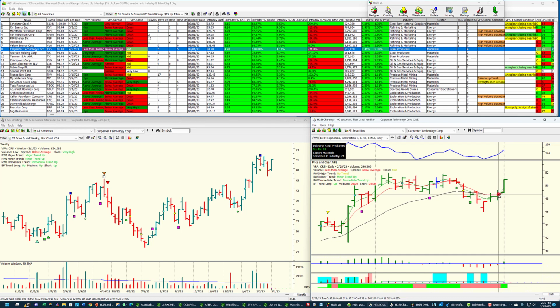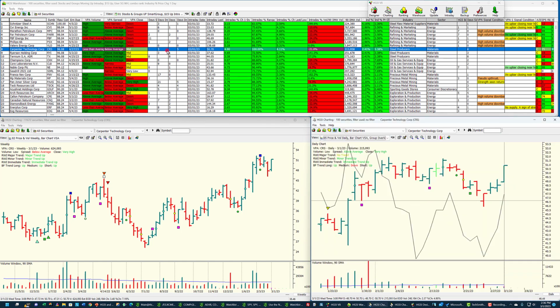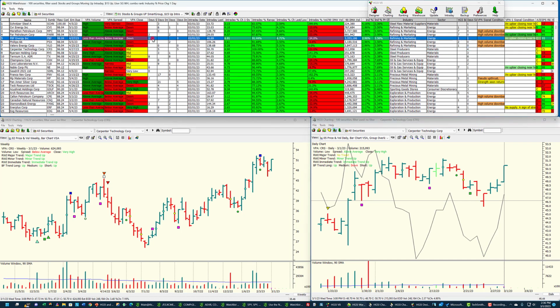You can see it's green and the 3 crossed the 6 right there. And here the group is going up. So just by looking at the scorecard, you can see if these have triggered or not, and the ones with the high numbers over here, those are older signals.